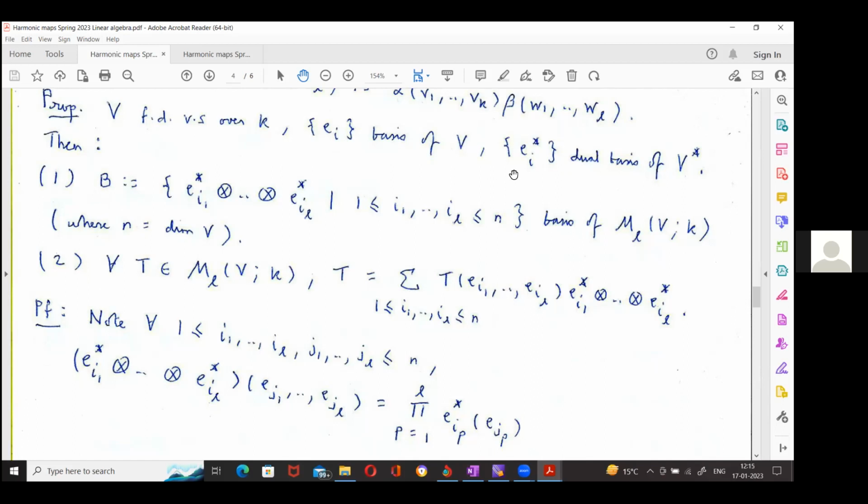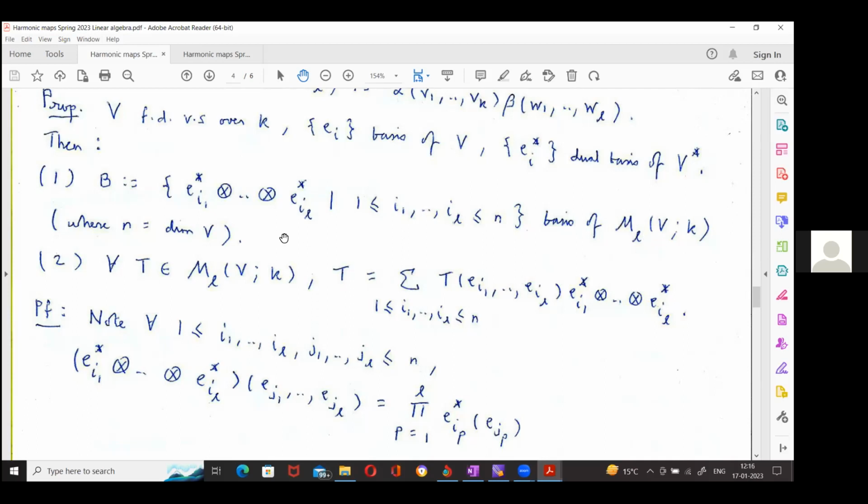These are linear functions, so their l-fold tensor product will be an l-multilinear function. I take all such l-fold tensor products of these dual basis elements, where my indices i1 to il range over 1 to n.